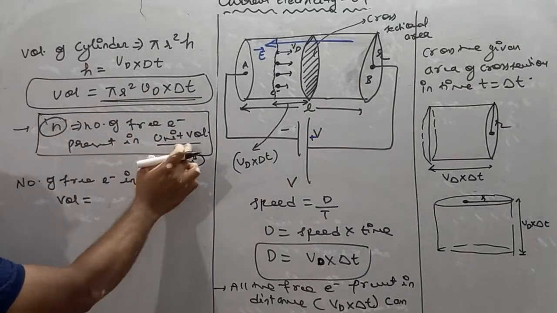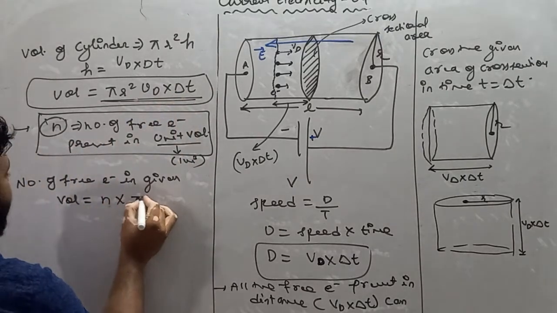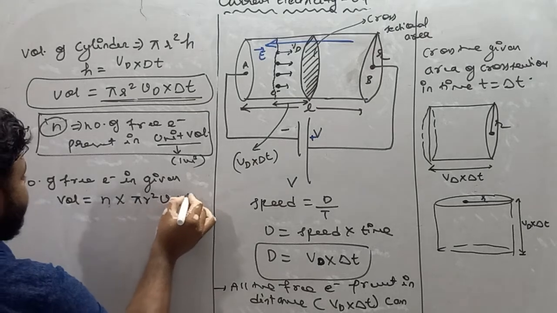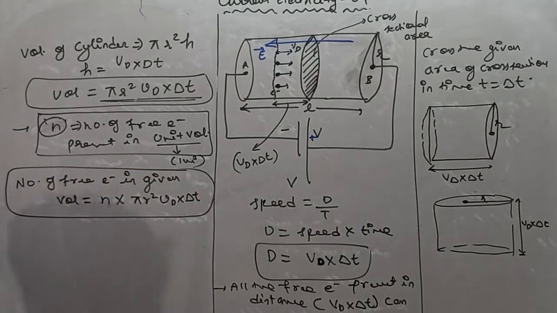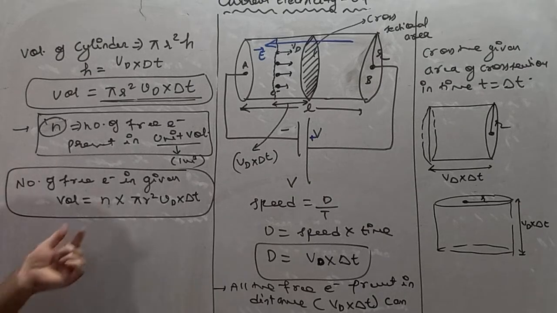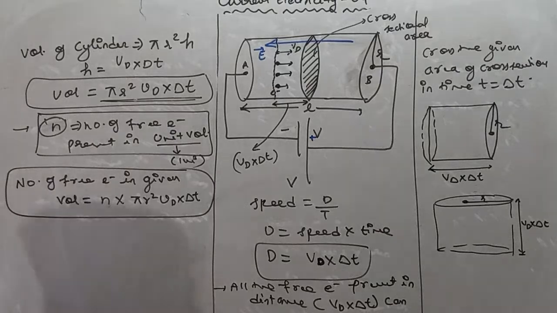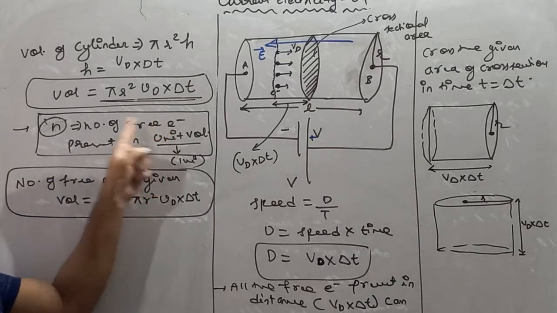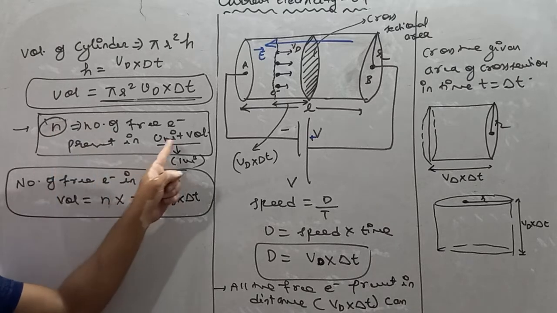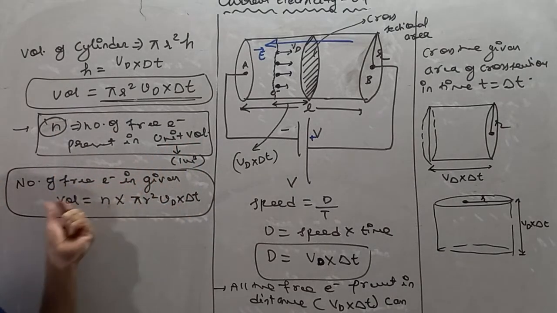So the number of free electrons per unit volume is n, so n into pi r square Vd into delta t is the number of free electrons in the given volume. The given volume is nothing but pi r square Vd into delta t, so this becomes the number of free electrons.